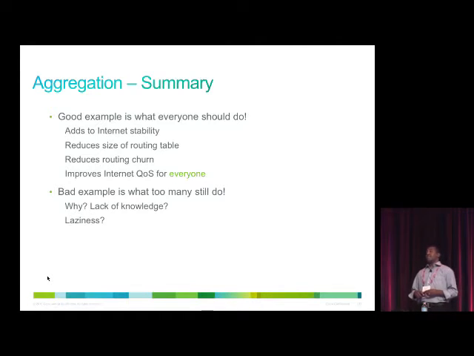But many service providers do the bad example. There are reasons, but some of the reasons are not acceptable. In some cases, it could be lack of knowledge. It could be just laziness, not going through a rigorous process of reducing the size of the table.